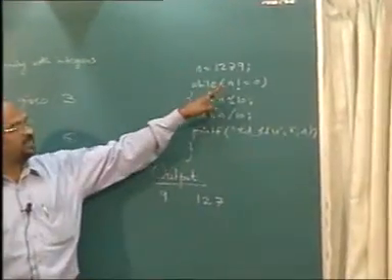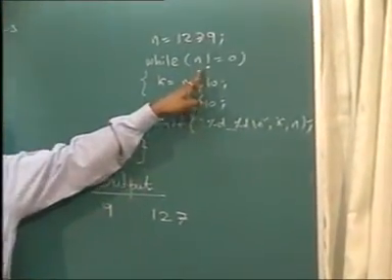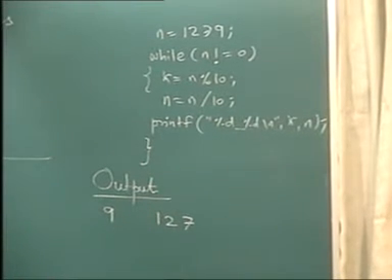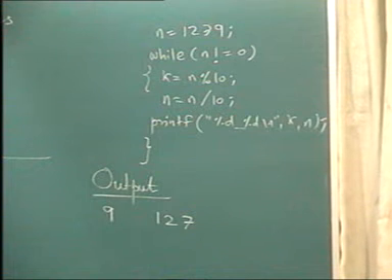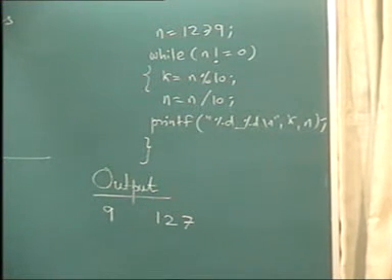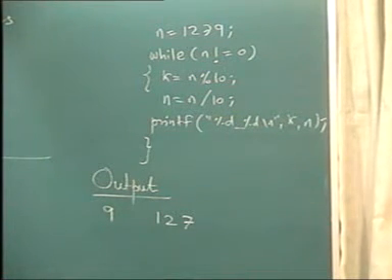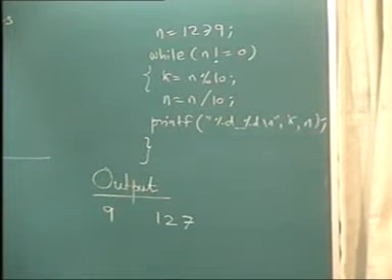We go back and check n. Is it 0? No. What will be new value of k? What is value of n right now? 9. Value of n? Nine is a remainder.